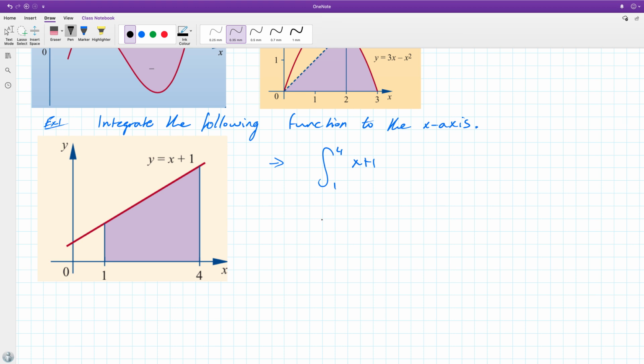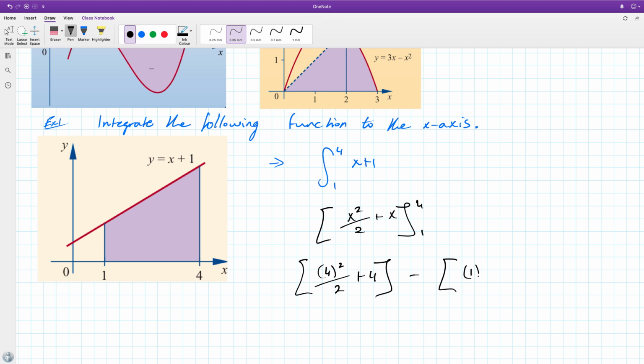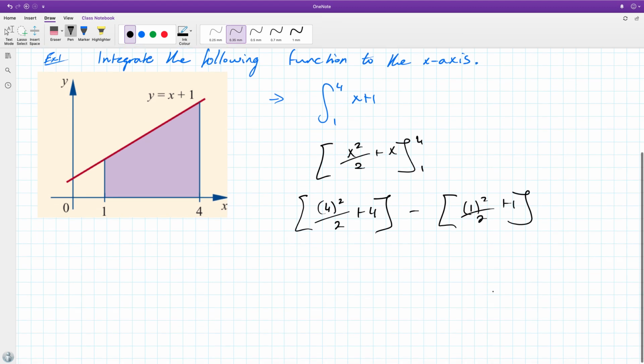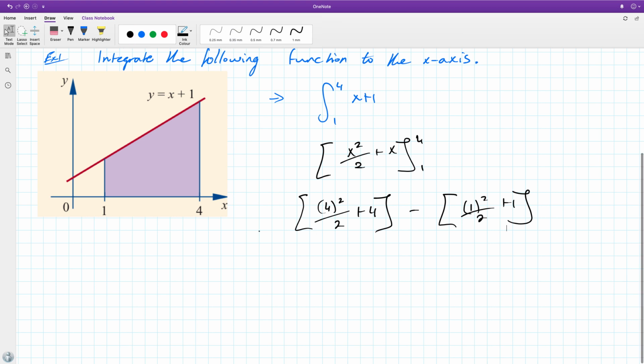So integrate that and you get x to the power 2 over 2 plus x between 4 and 1. That is 4 squared over 2 plus 4, minus 1 squared over 2 plus 1. 4 squared over 2 plus 4 is 16 over 2 is 8, plus 4 is 12.